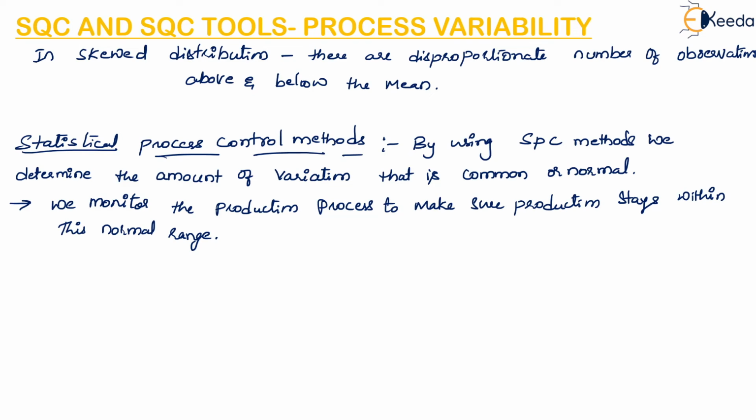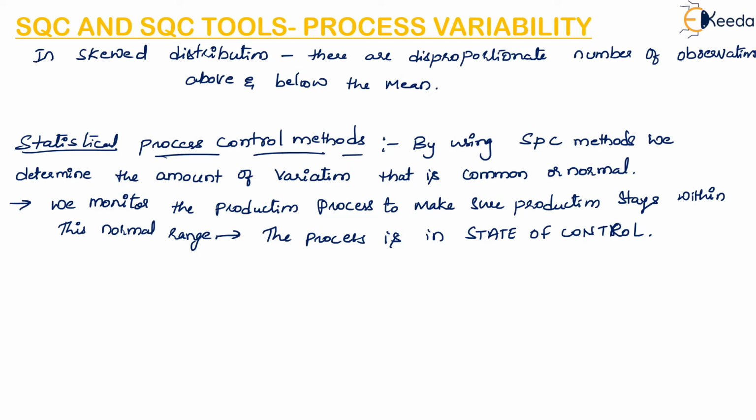So we make sure that the process is in a state of control. The most commonly used tool for monitoring this production process is the control chart.